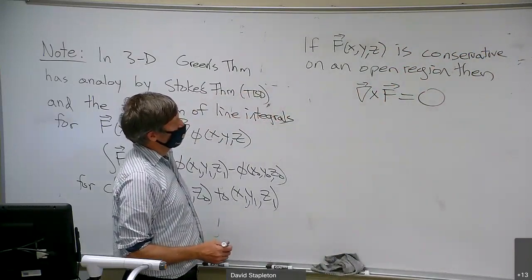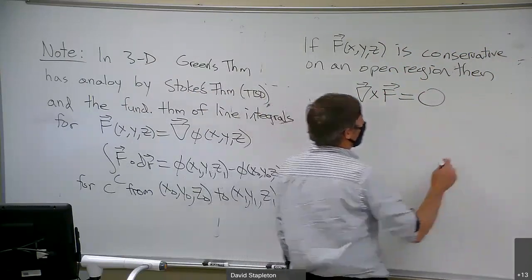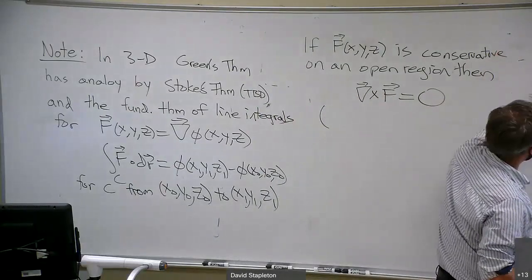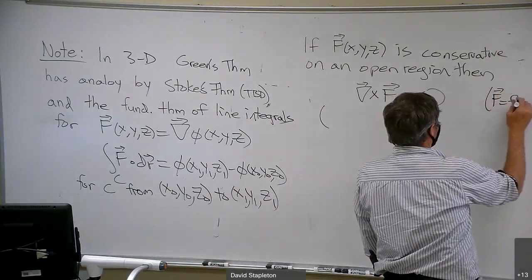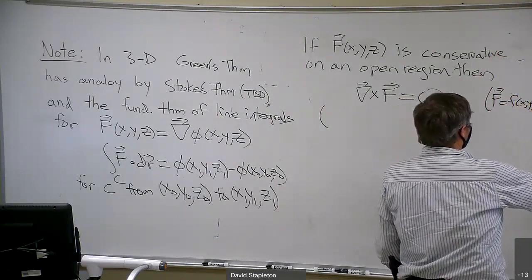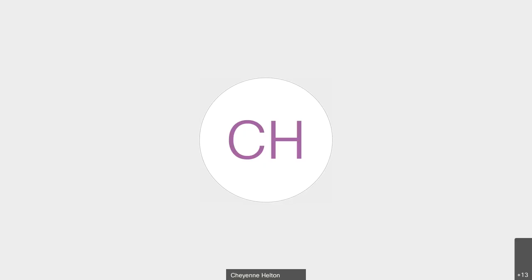Remember what the components of curl are? It's a gradient operator across F. So if F has 3 components, it's f of x, y, z i plus g of x, y, z j plus h of x, y, z k.